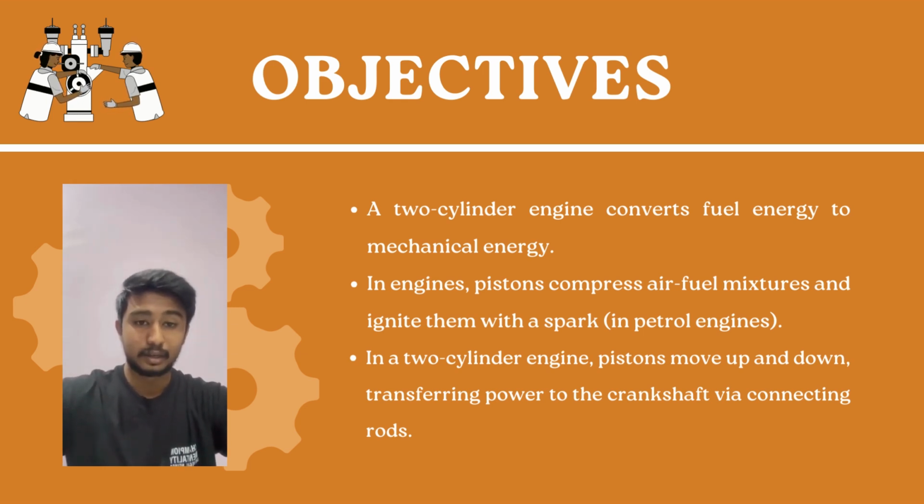And the third one, in a two-cylinder engine, the pistons move up and down, transferring power to the crankshaft with connecting rods, and this converts the motion into rotary motion driving the gearbox that moves the wheels. This engine transforms energy from fuel combustion into rotary motion, providing the vehicle's power. These are the three objectives we found from this report.